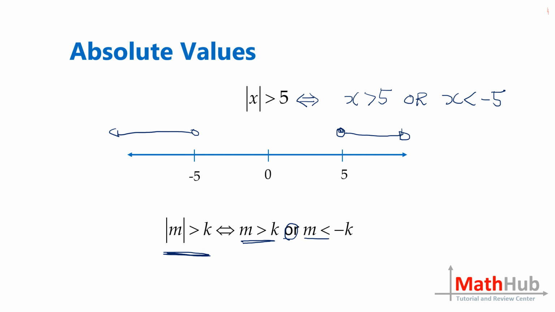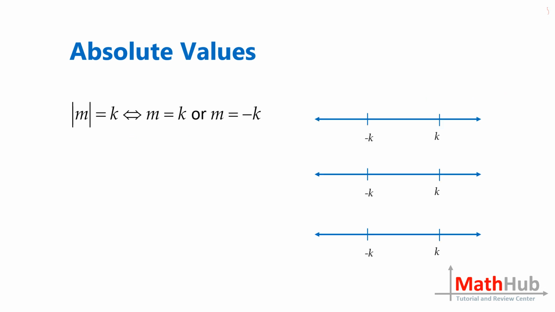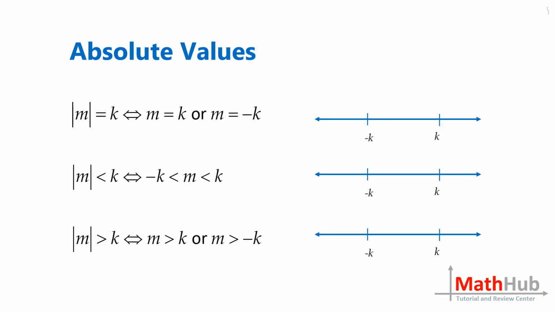And then you just flip the greater than sign to less than, and k becomes its negative.